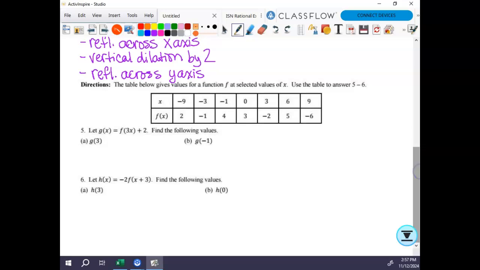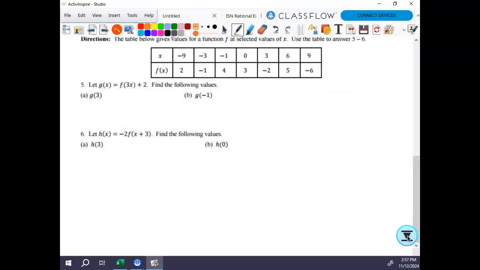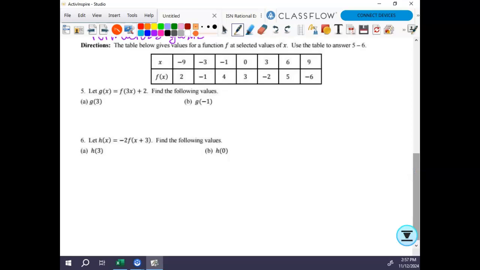Then we have the table below gives values for function f at selected values of x. Use the table to answer 5 and 6. All right, so A is g of 3. So g of 3 is going to be equal to, here's my g function, f of 3 times 3 plus 2. Oh, I'm writing entirely too big.